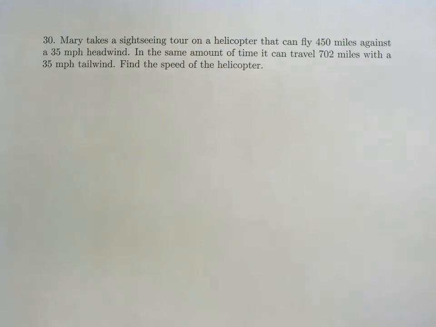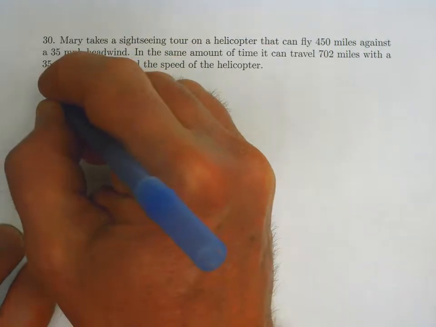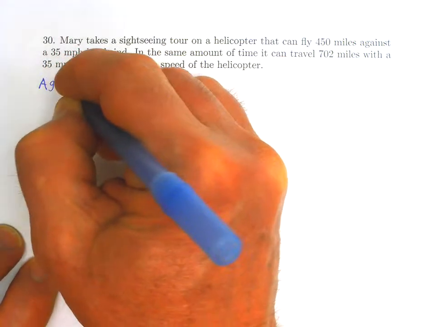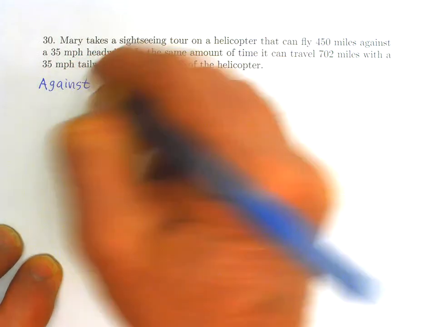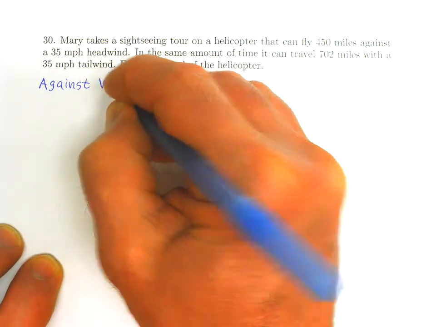Okay, so this problem involves equations that have the form rate times time equals distance. And there are 2 scenarios described. The helicopter flies against the wind in one case. I'll just write against wind.